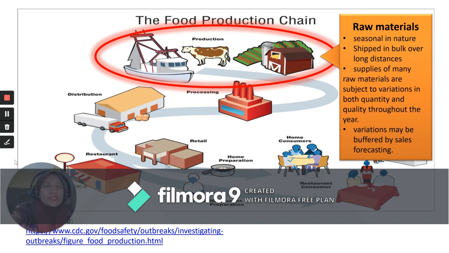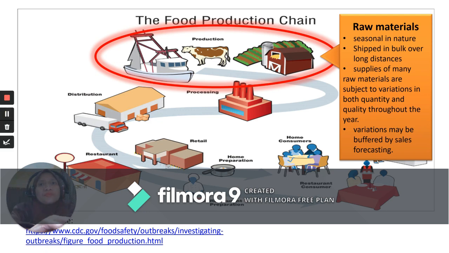For food raw materials, there are certain issues that need to be taken care of, and these issues require the food industry to prepare proper storage for their raw materials.